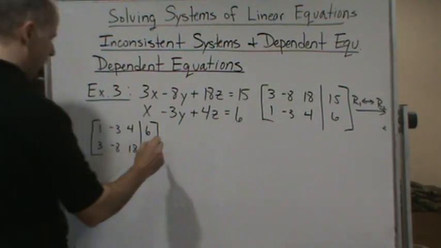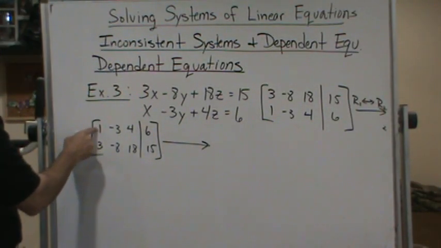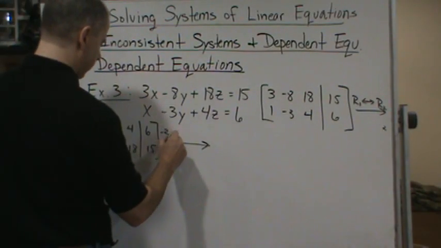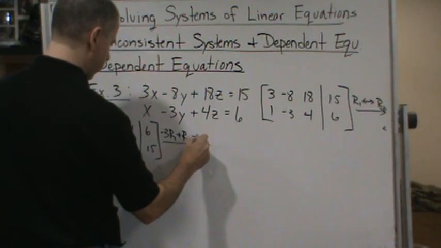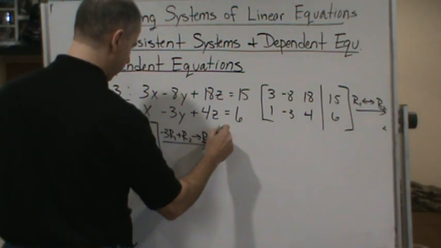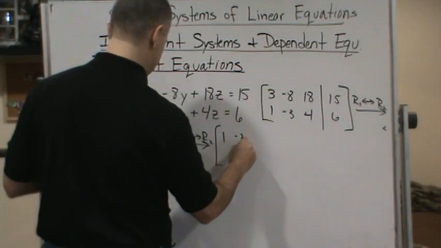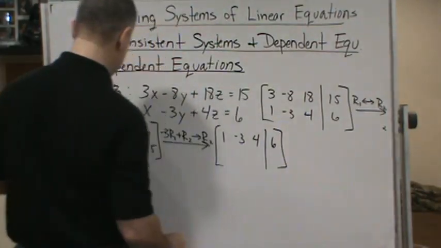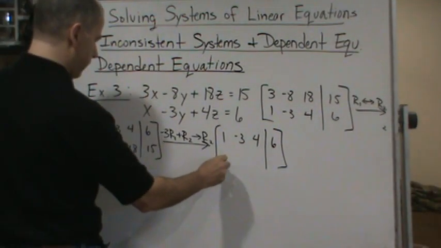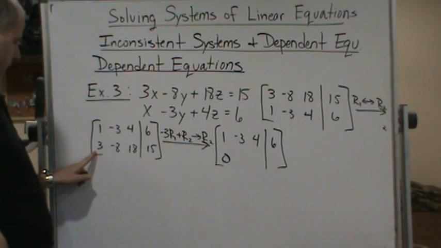Okay, now we're going to eliminate the 3. Okay, so we're going to take negative 3 times row 1 plus row 2, and then we're going to replace row 2. And so row 1 is going to stay the same. So that's 1, negative 3, 4, and 6. And then this is going to be 0. Right? So negative 3 plus 3 is 0.